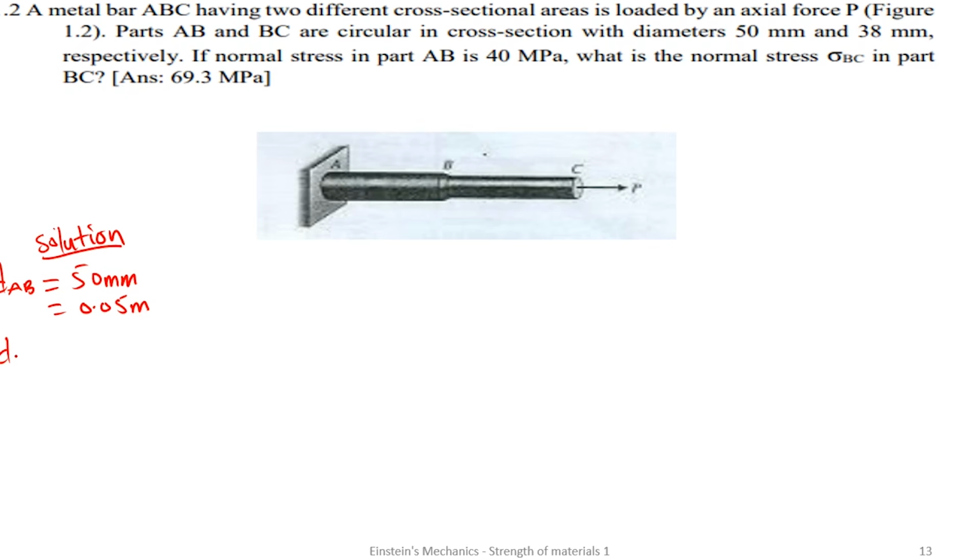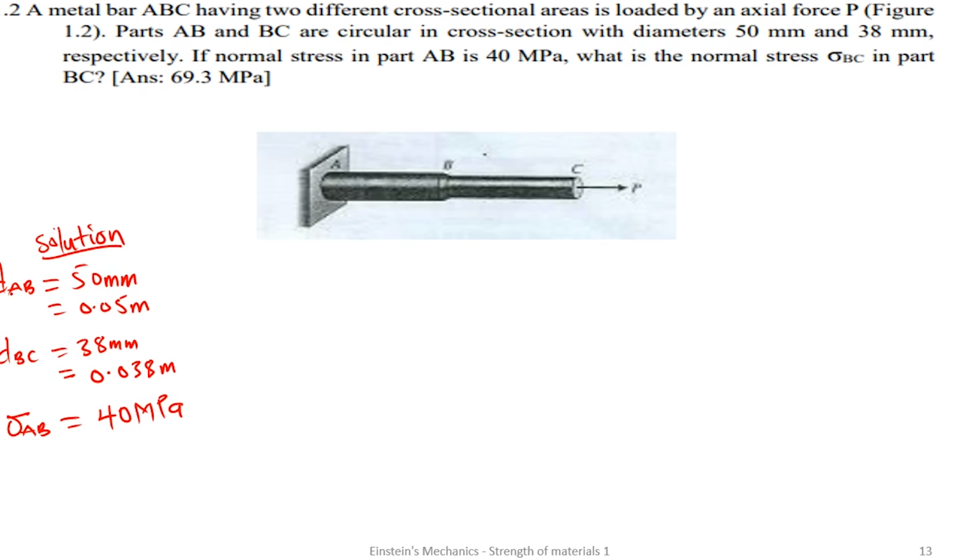The diameter in BC was 38 millimeters, which is the same as 0.038 meters. Are we good? The stress, they give us stress in AB is equal to 40 megapascal.